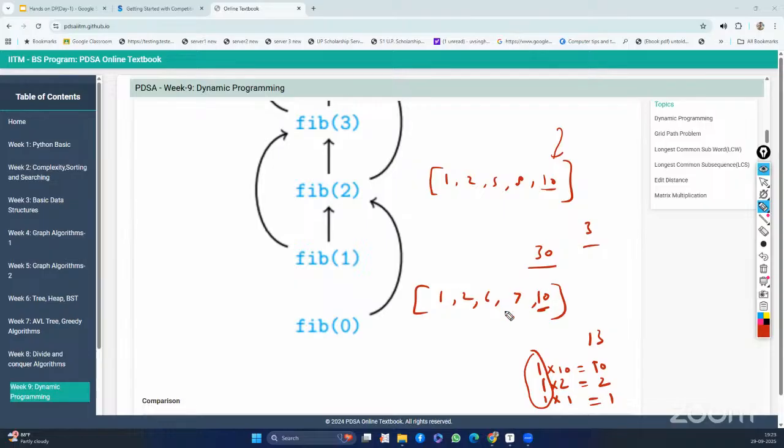But this can be done with 2 coins: 6 plus 7, which is 13. Here you can see the greedy approach is failing. So the greedy approach works, but not always. Some shortest path algorithms are there where greedy algorithms work, but that requires a proof that your algorithm will always work fine.